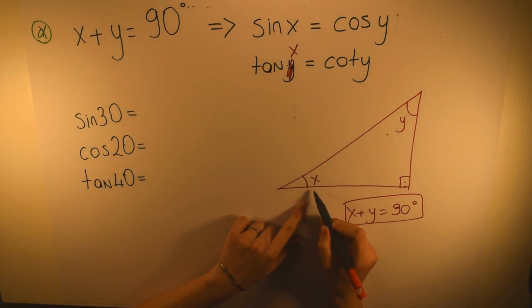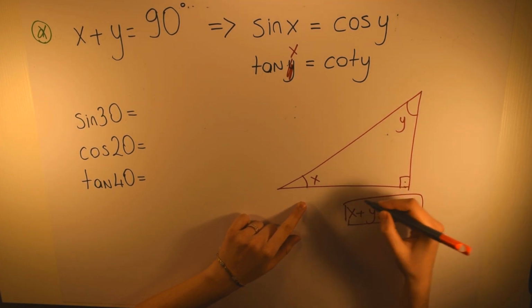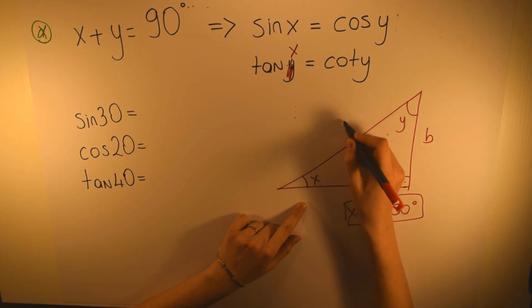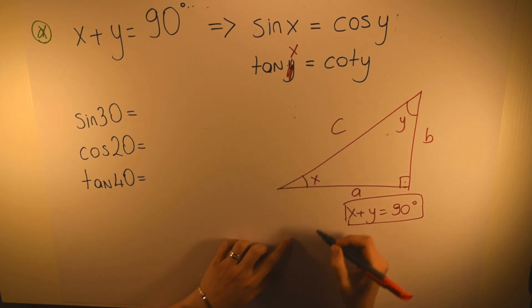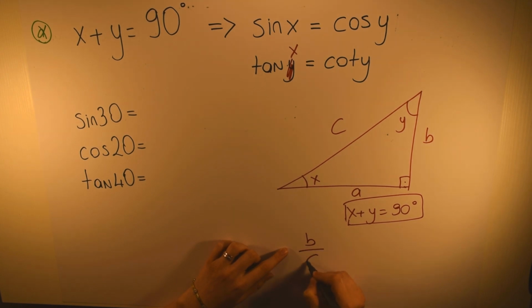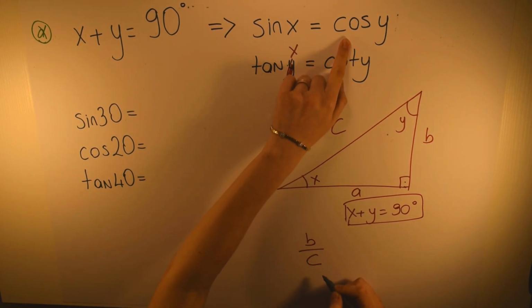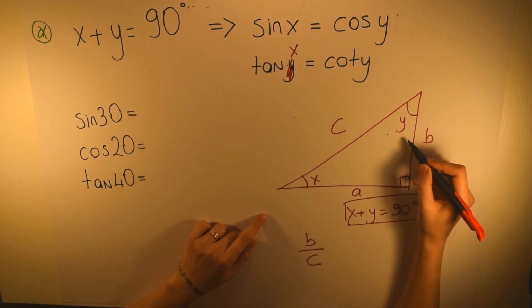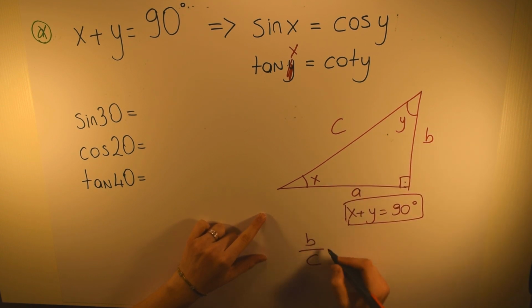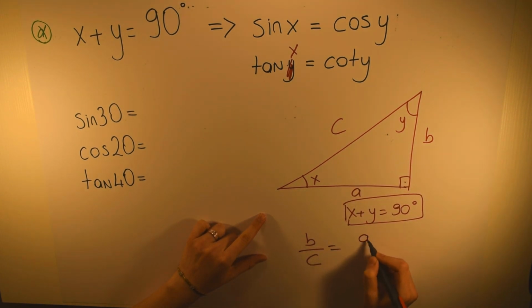So here sine x is the opposite side over hypotenuse, right? So let's say here a, b, c. Sine x is opposite side over hypotenuse, so it's equal to b over c. Cosine y is equal to adjacent side over hypotenuse, which is also b over c.